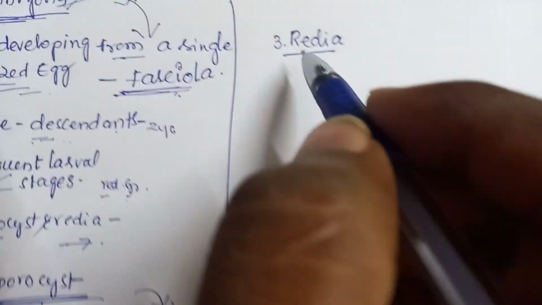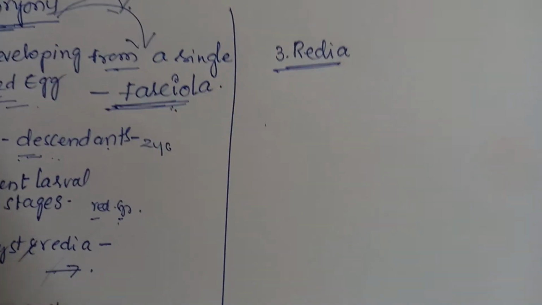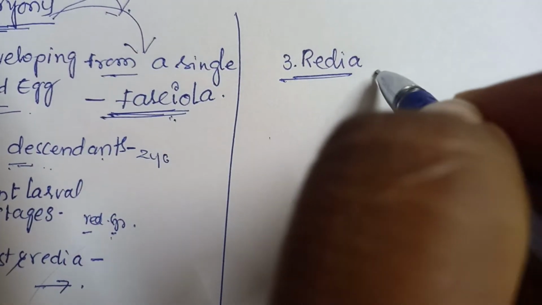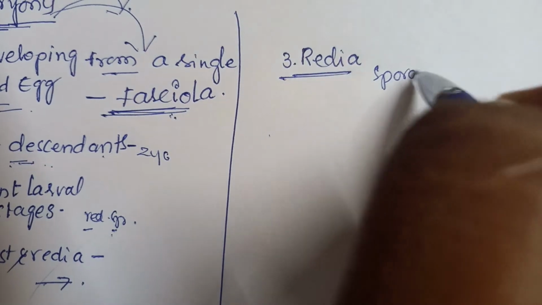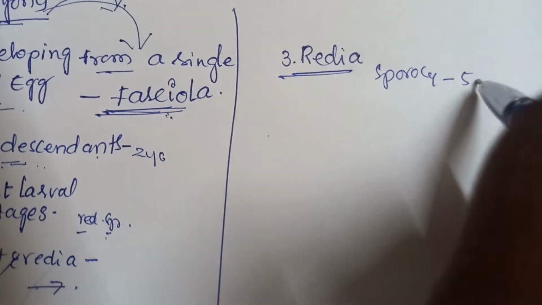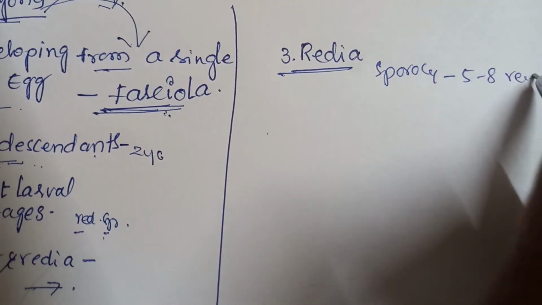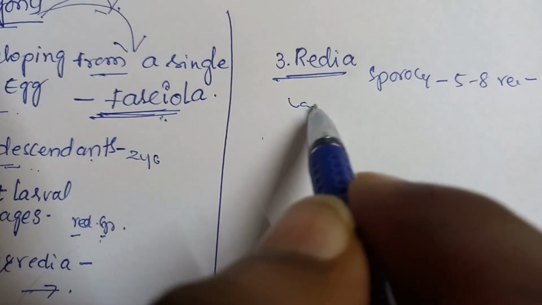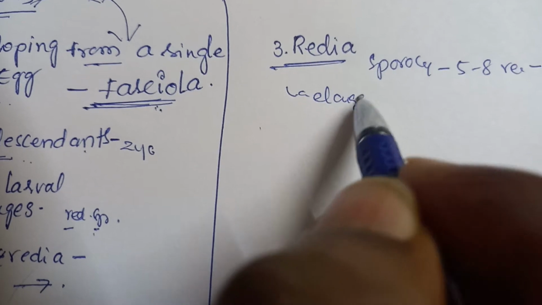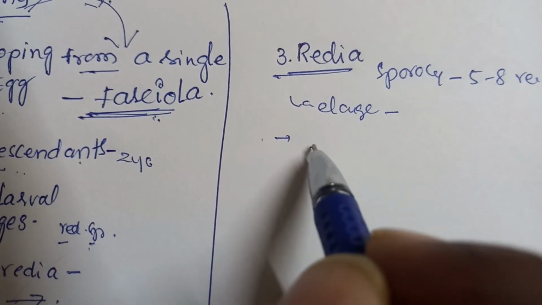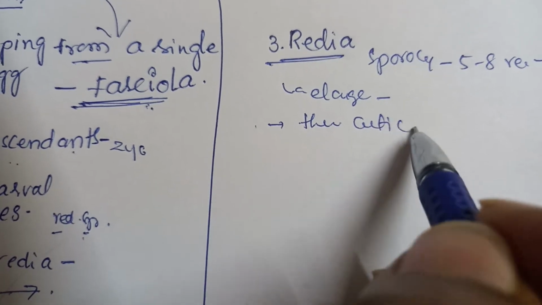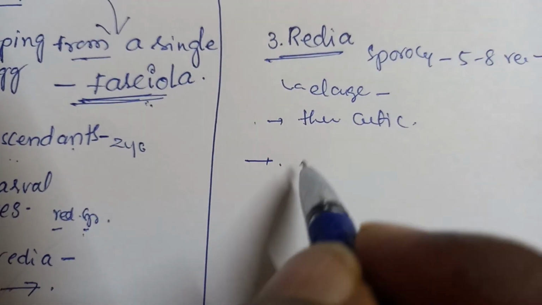So the third one is the Redia larva. Each sporocyst produces 5 to 8 Redia larvae. These larvae are elongated, covered by a thin cuticle, and have a muscular collar.